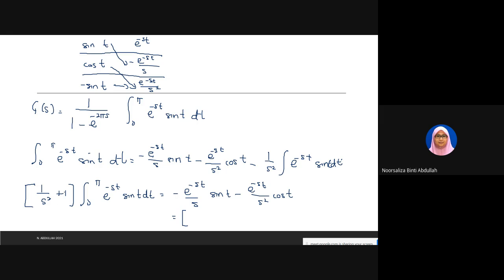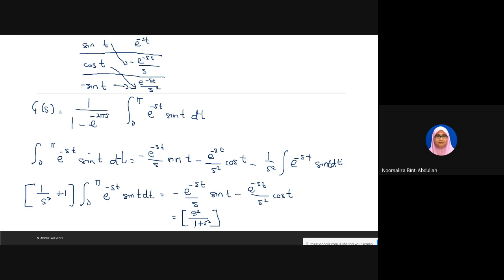So 1 over s² plus 1 you bawa ke sini dia akan jadi? S kuasa 2 tolak 1. S² plus 1. Ha? S² plus 1. Bukan? S² minus 1. Bukan? S² over 1 plus s². Betul?